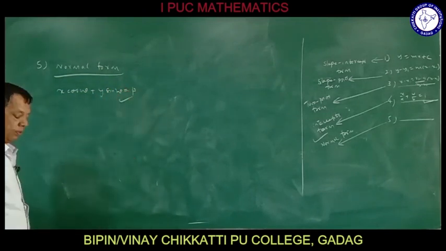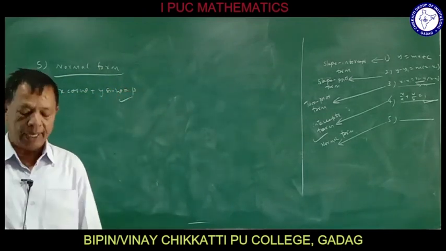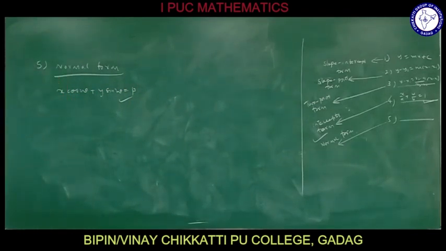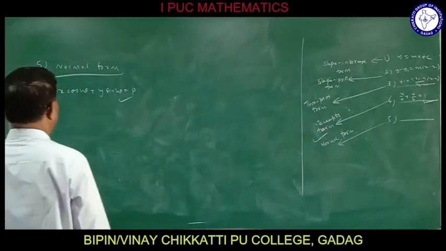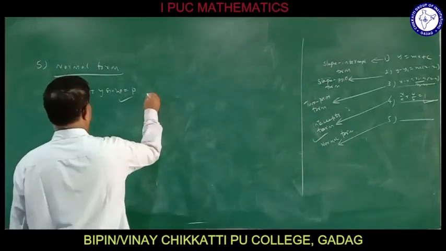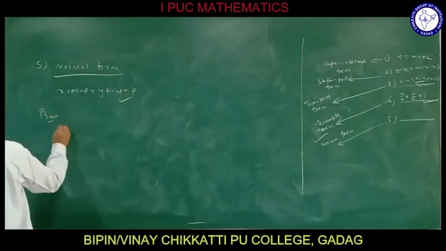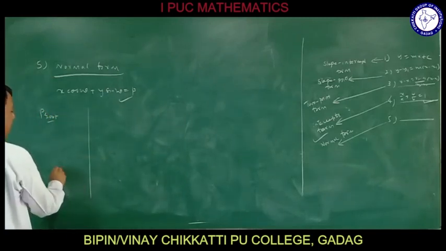Once again, derive the equation of the line in the normal form, as you see, x cos omega plus y sin omega equal to p. And what is p, what is omega, that I am going to explain here.